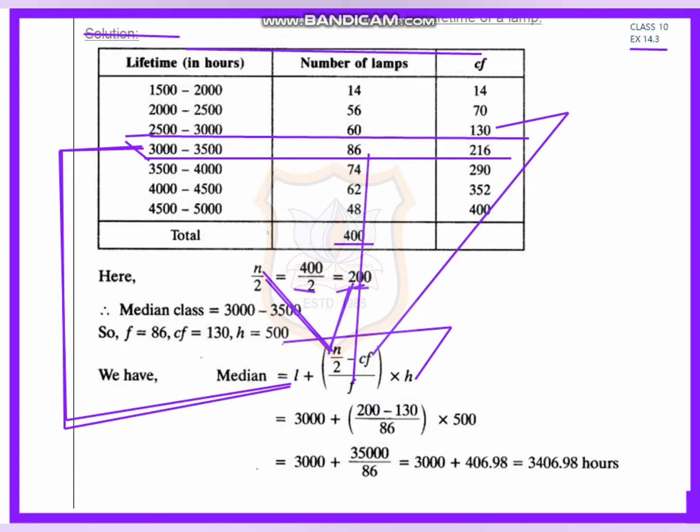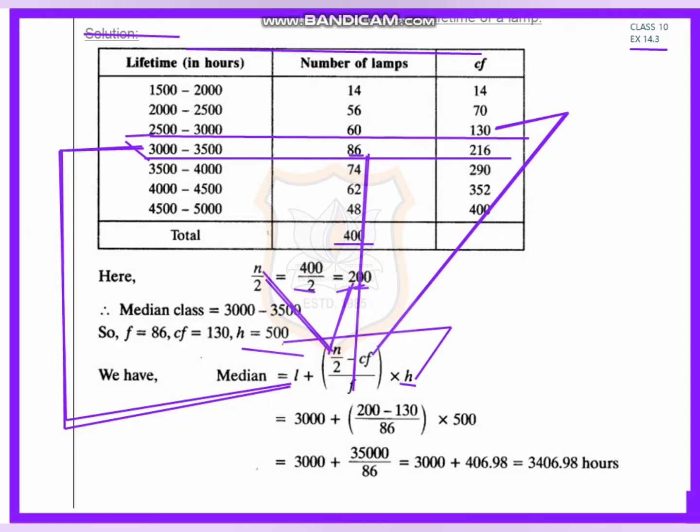Cf is the cumulative frequency preceding the median class. Above the median class we have a cumulative frequency of 130, so we put it here. And f is the frequency of the median class, which is 86. h is 500, the class length, 3500 minus 3000.